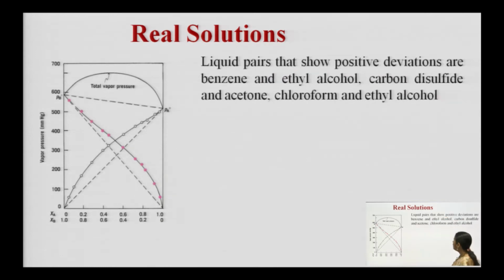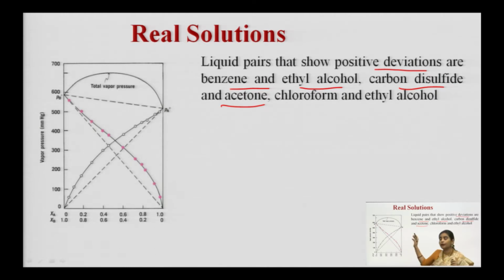Examples of positive deviation are the following liquid pairs: benzene and ethyl alcohol, carbon disulfide and acetone. What happens in this case? They have the tendency to escape, which means they will not form solutions. Positive deviation occurs mainly in the case of association, whereas negative deviation is seen mostly in the case of solvation.